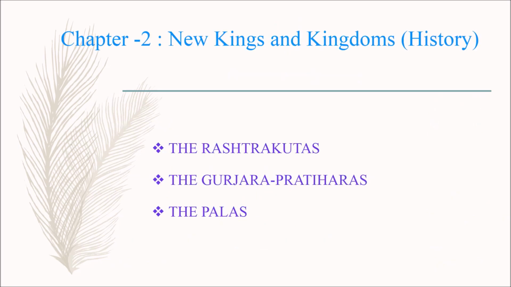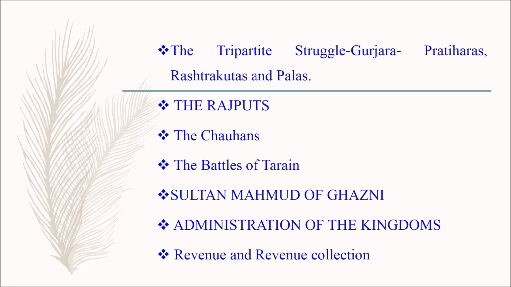Now we are going to revise the second chapter in history, which is New Kings and Kingdoms. Now let's see the gist of the lesson. The Rashtrakutas, the Gurjara Pratiharas, the Palas, the tripartite struggle.